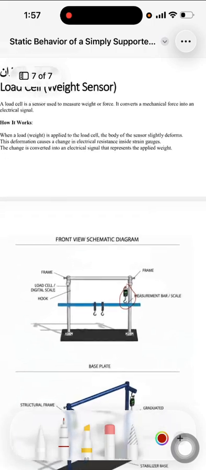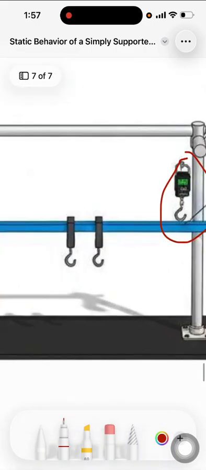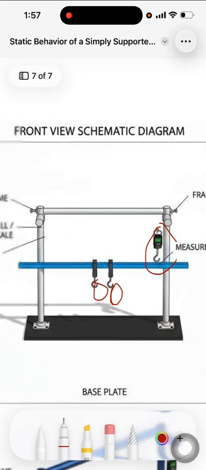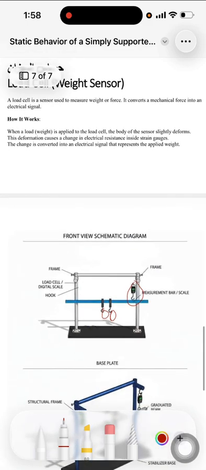When a load, which is a weight, is applied to the load cell, the body of the sensor slightly deforms. This deformation causes a change in electrical resistance inside strain gauges. The change is converted into an electrical signal that represents the applied weight.